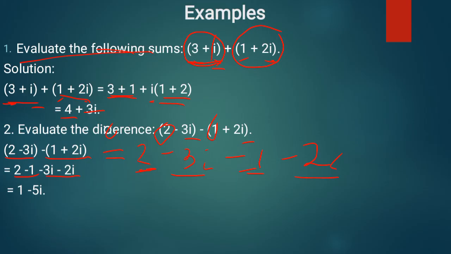You see that? So 2 minus 1 is 1. I'm owing 3 i's and I'm owing 2 i's. I definitely will be owing 5 i's. That's how we got the value you have there. Okay, you can go back, play slowly, and see if you can understand. Again, there are more examples in your lecture notes.